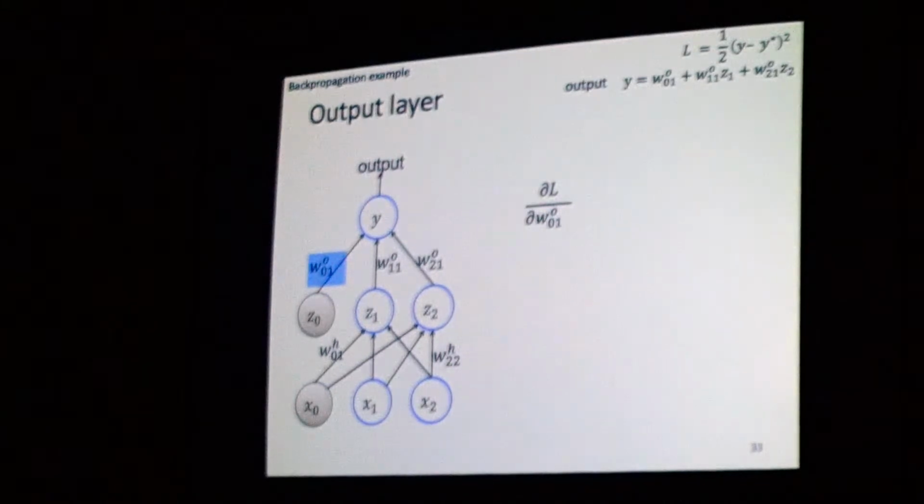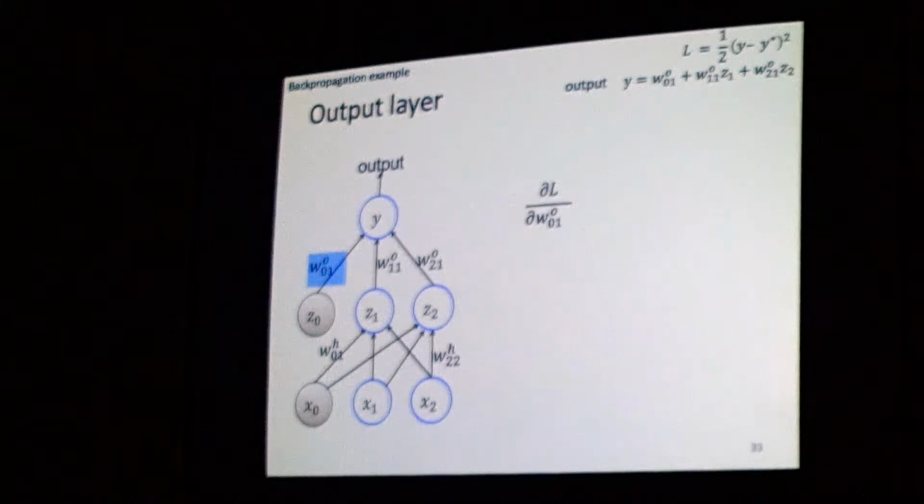So let us write partial L over partial W010. How to compute this? Let us just naively apply the chain rule.